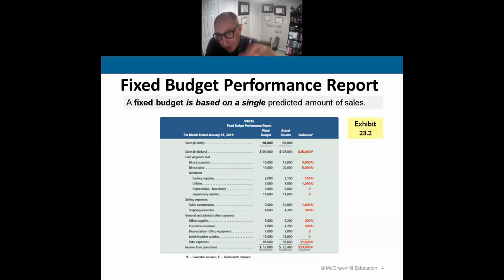So therefore, it is unfavorable. When your actual results are greater than your budget and it is an expense or a cost, that is unfavorable. Right? That makes sense. If I'm spending more than I projected I was going to spend, that's unfavorable.